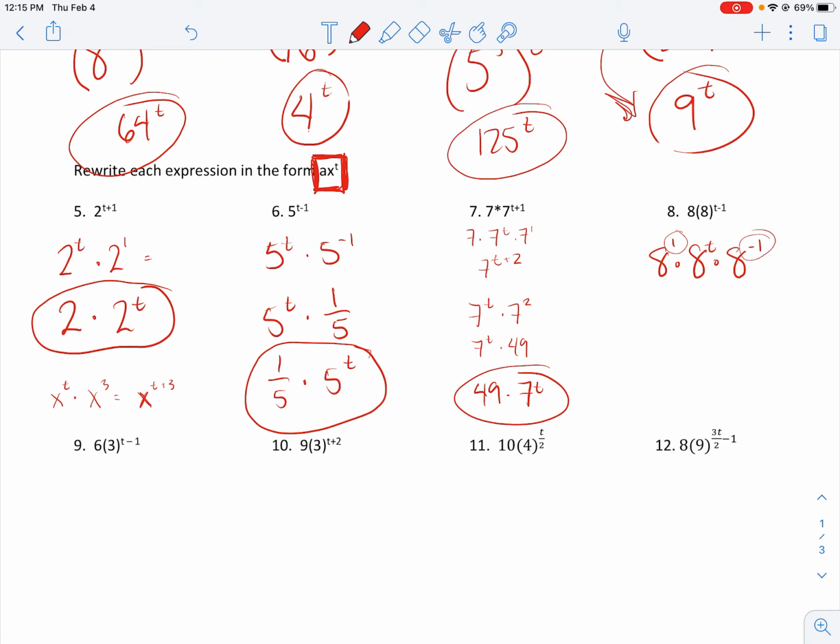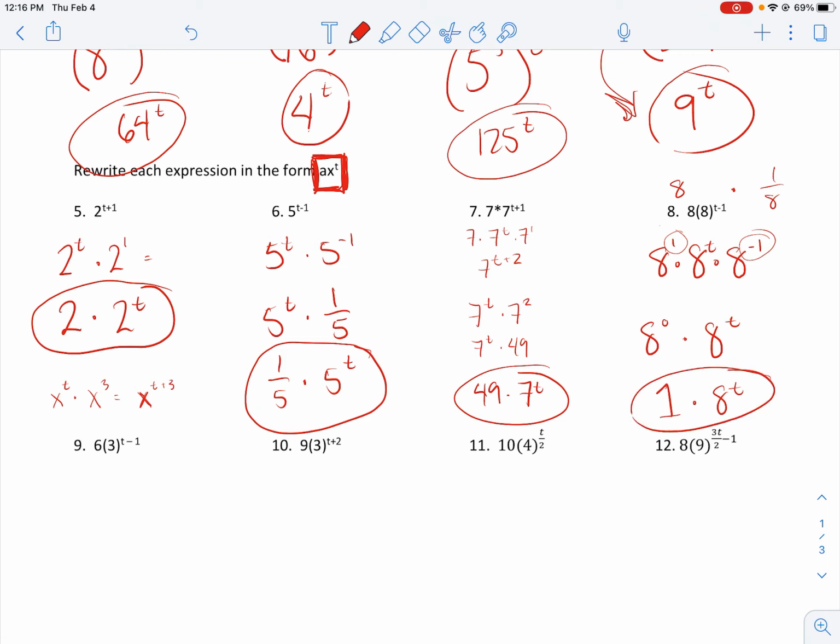So when I add those exponents, what do I get? I actually get 8 to the 0 power. Or if you recognize that this is just 8, and this is just 1 over 8, then when I multiply those together, I just get a 1. And remember, anything raised to the 0 power is just a 1.